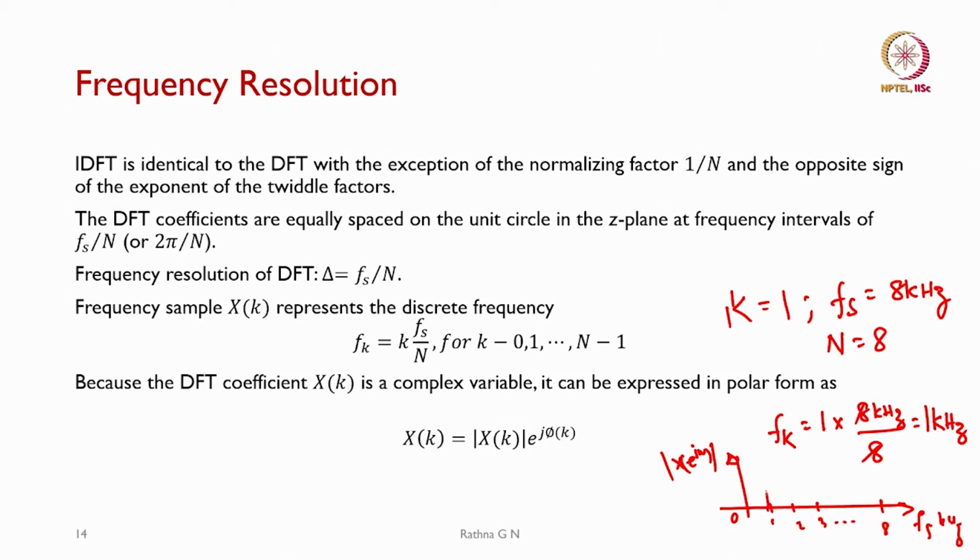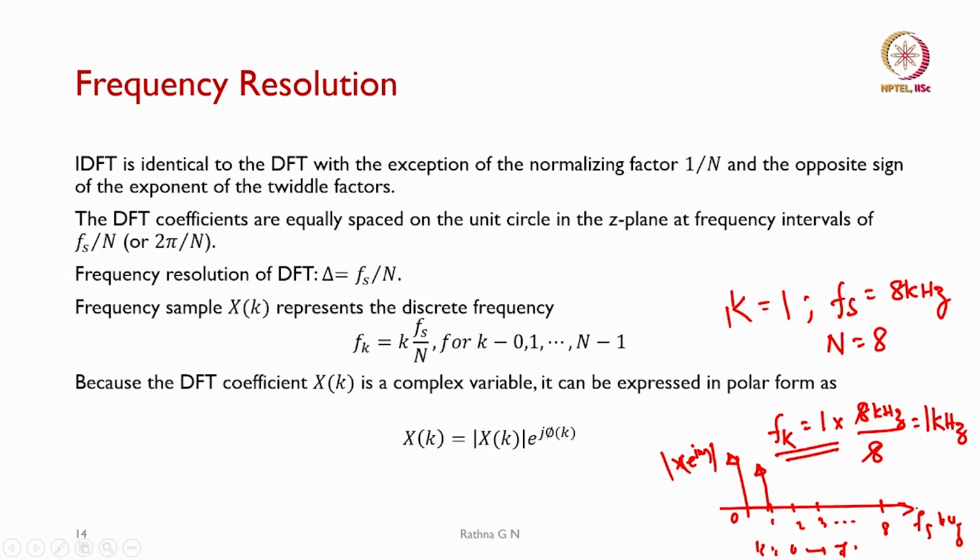So, I will be getting the peak here, which is my fk in this case. So, this is how you calculate, depending on the k value going from 0 to 7 in this case. 8 will be the fs by 2 point, so it will be repeated.